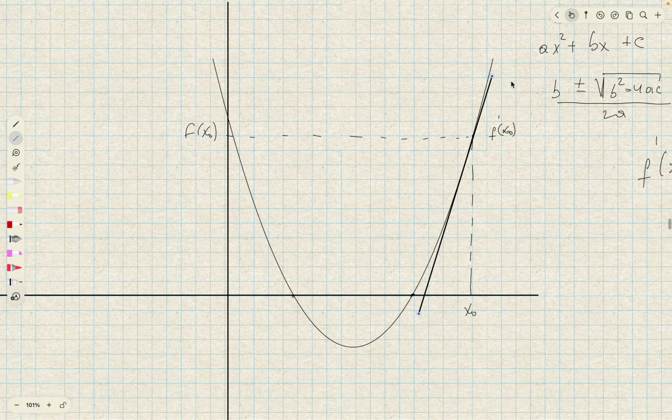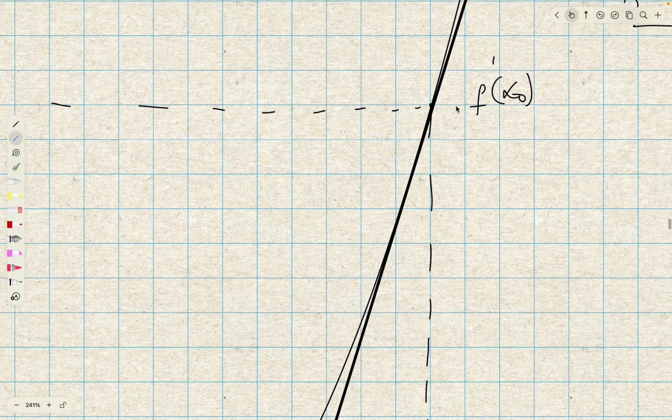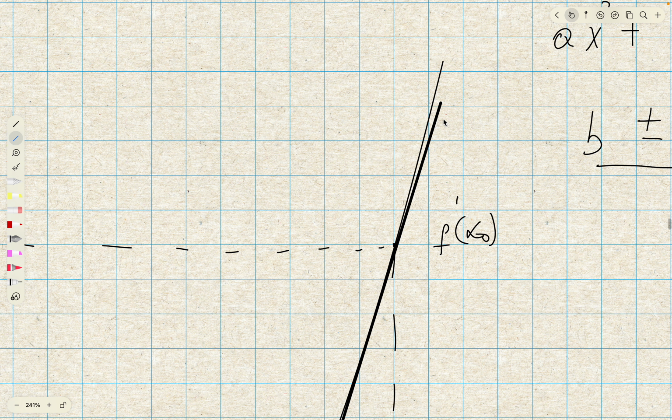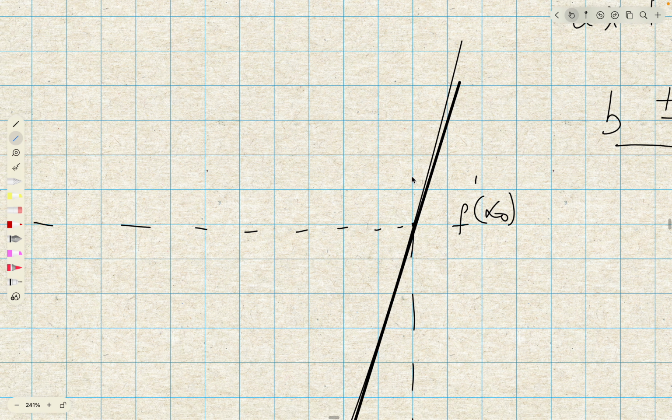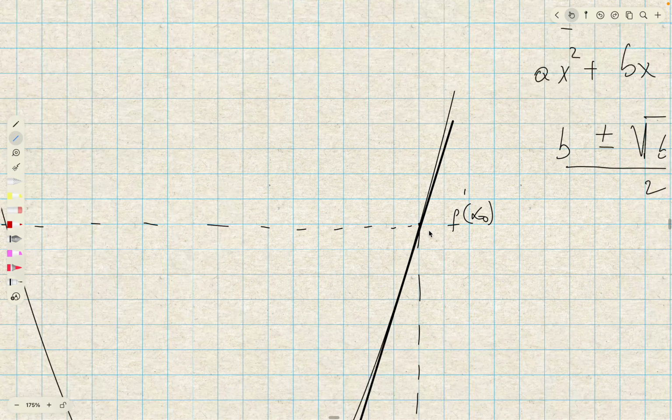So we drew this line. It's simply the tangent at this point, which has the slope.